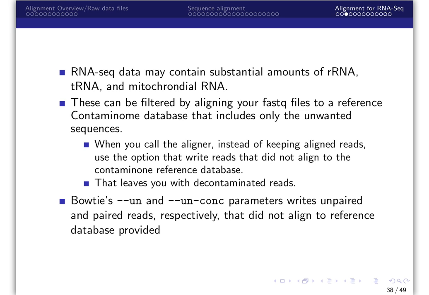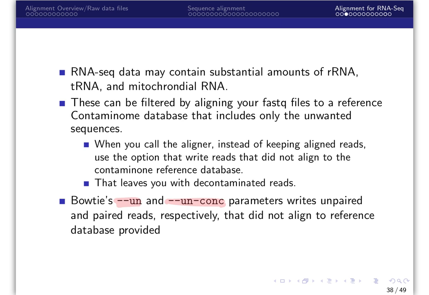This can be accomplished by aligning your FASTQ files to a reference contaminome database that includes the unwanted sequences. You would need to construct this reference database using publicly available resources such as HSA contaminome, for example. Then when you call the aligner, instead of keeping aligned reads, you use an option that writes the reads that did not align to the contaminome reference database. That leaves you with decontaminated reads.